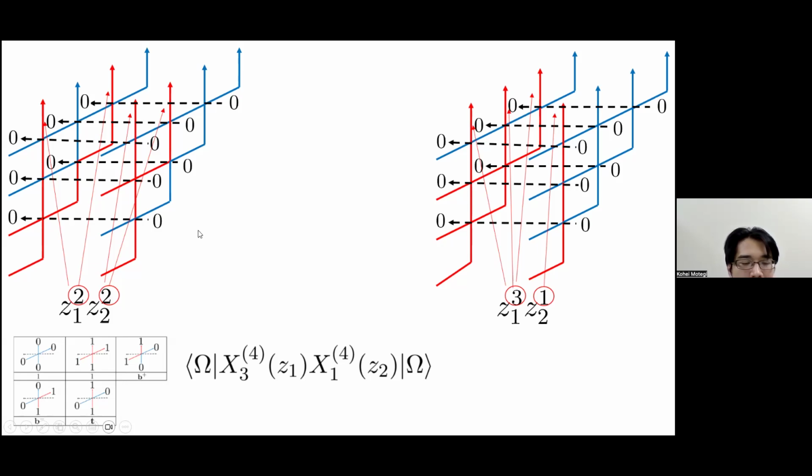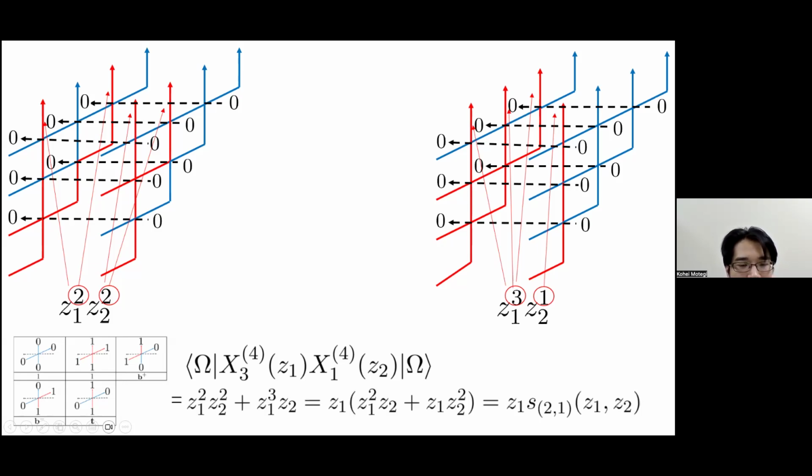So from these two configurations, you have z1 squared z2 squared plus z1 cubed z2.